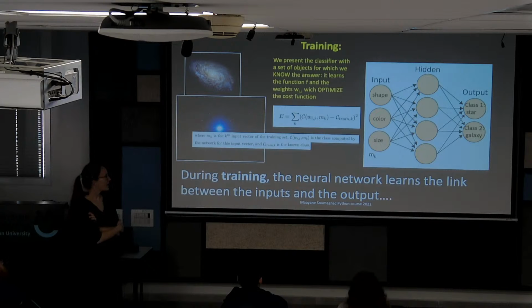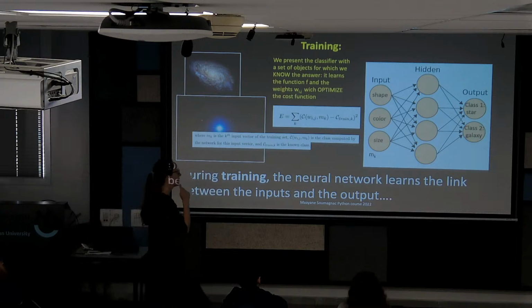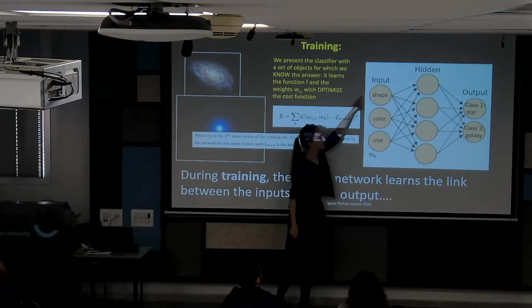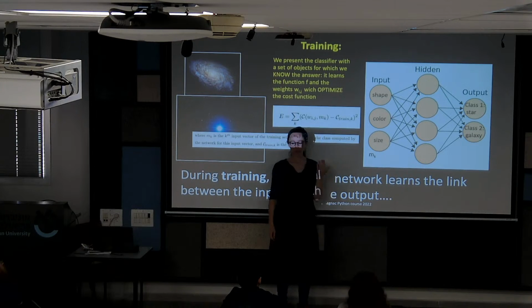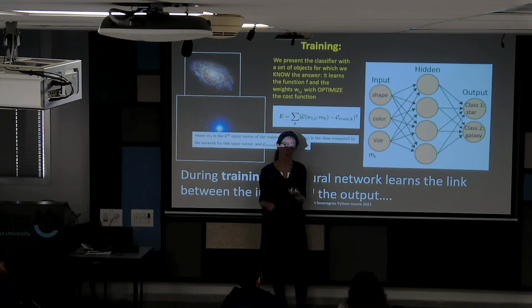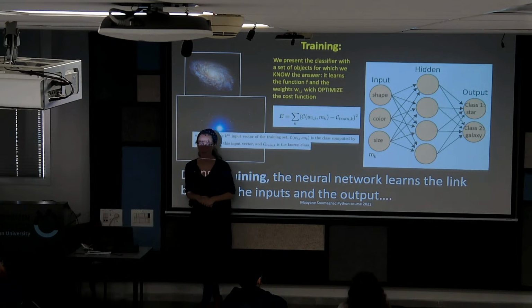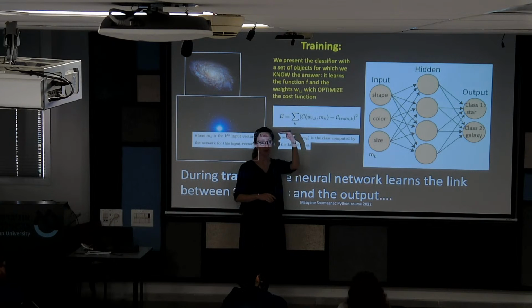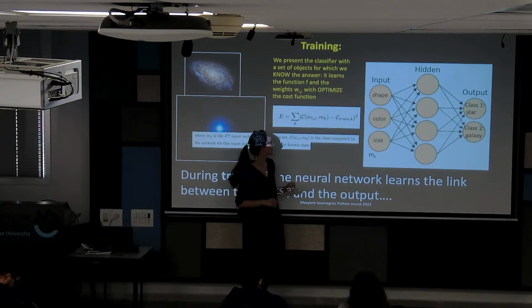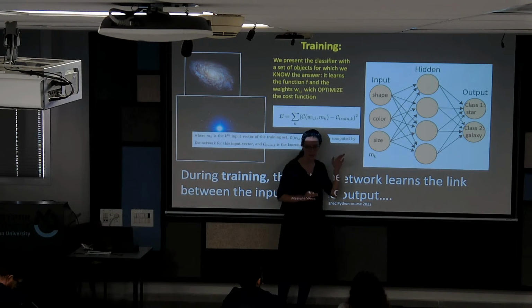Okay, it's actually easier, before we go to images, to think about it in terms of inputs, because when it's taking images, at the end it's extracting properties from the image. I will come to it in a second, but it's easier to think about a list of properties, for example the shape, the color, the size.